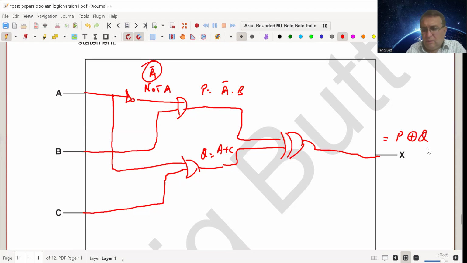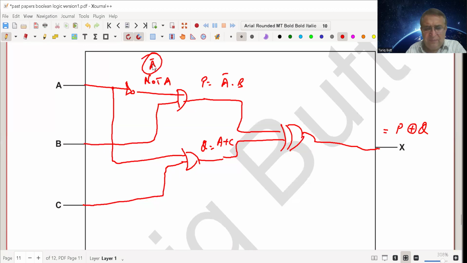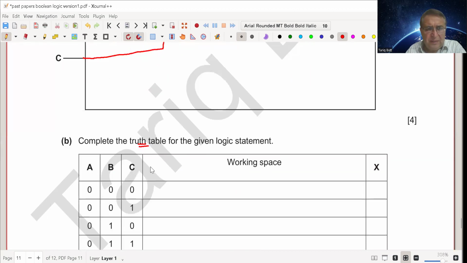So now we can draw the truth table. So you need column for not of A. Just draw not of A or A prime.